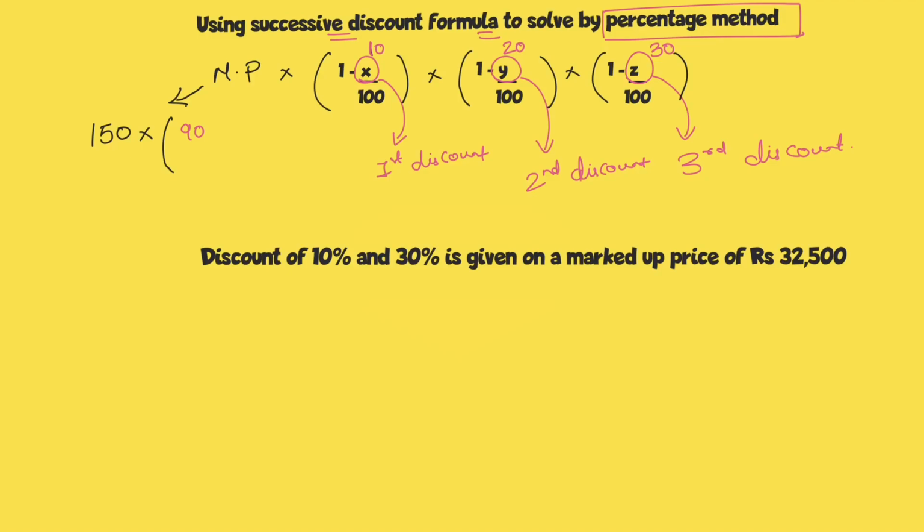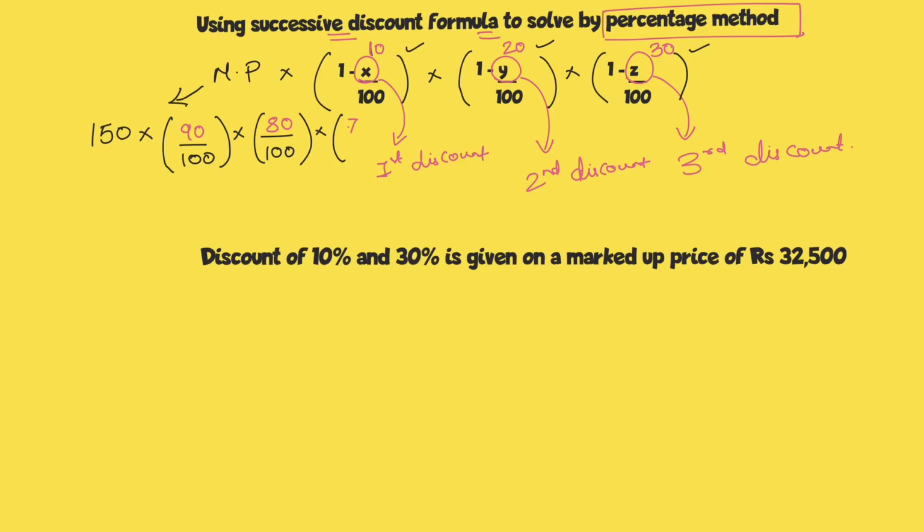So 1 minus 10 upon 100, 100 minus 10 is 90 upon 100, which is nothing but taking 90% of 150 if you want to visualize. Then next is 1 minus 20 upon 100. So 100 minus 20 is 80 upon 100, so taking 80% of that, eventually you will reach the selling price. So the logic is the same, but we put it in a formula.